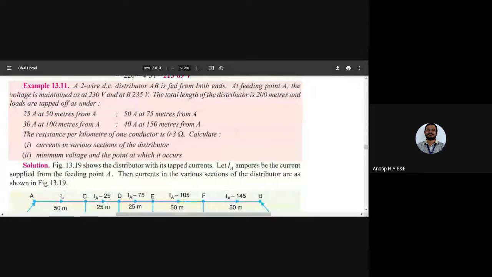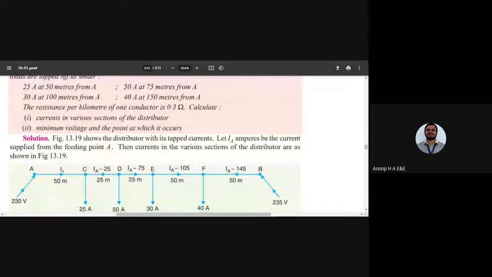From A, 50 meters it is 25 amperes, and 50 amperes at 75 meters from A, 30 amperes at 100 meters from A, 40 amperes at 150 meters from A. The resistance per kilometer of one conductor is 0.3 ohm. Calculate the currents in various sections of the distributor and the minimum voltage and the point at which it occurs.